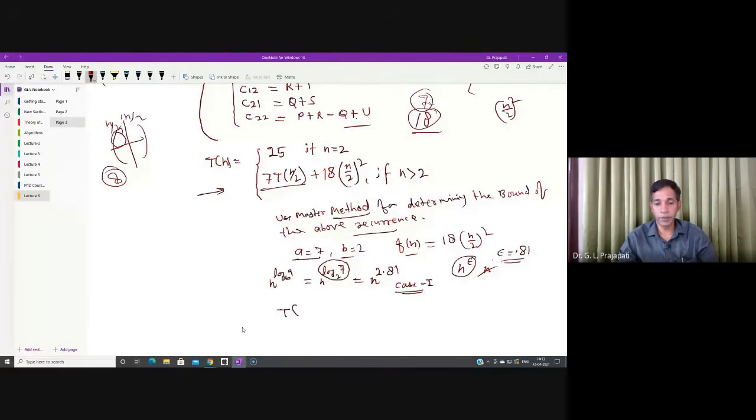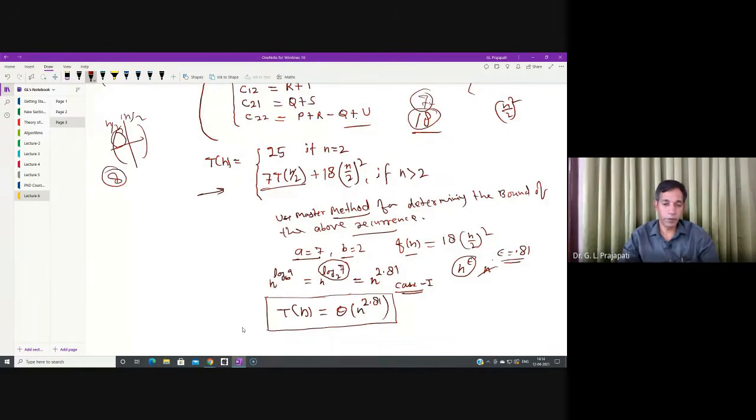T of n is equal to theta of n raised to the power log base b of a, which is n raised to the power 2.81. So this is the bound you have obtained using Strassen's method for multiplying two matrices of size n by n.